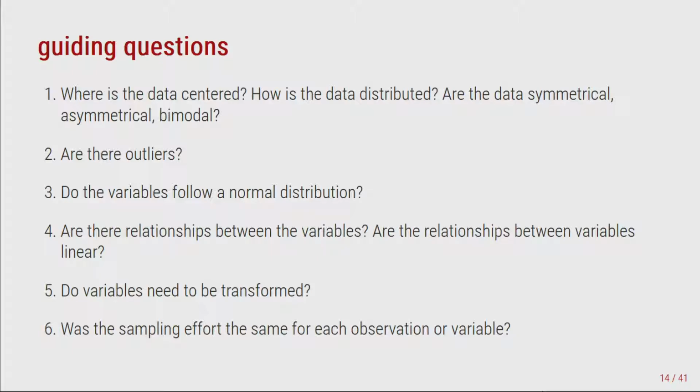When you have a research question, and you need to answer that, sometimes we do experiments. Sometimes we do sampling. And for both of them, we call it sampling effort.